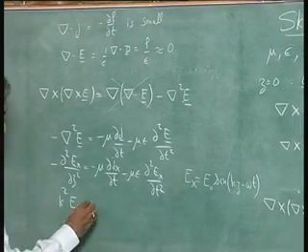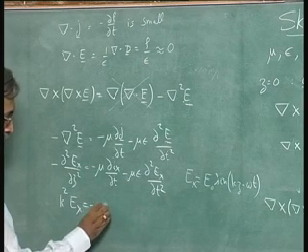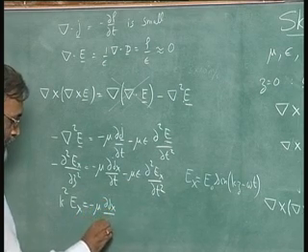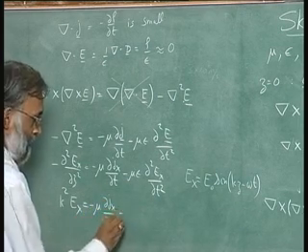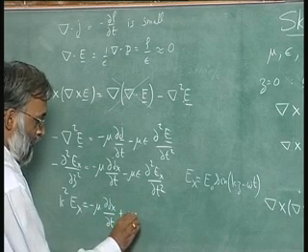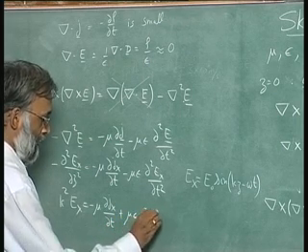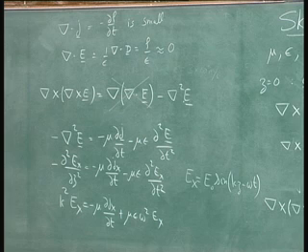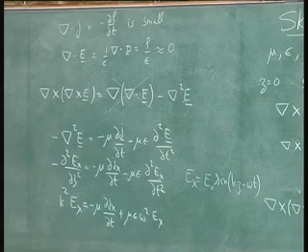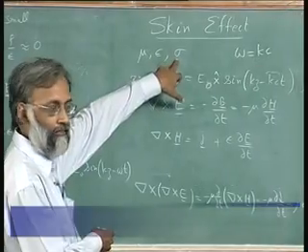is equal to minus mu del Jx del t plus mu epsilon omega squared Ex. But we have a new term here, Jx, and here I am going to use the presence of conductivity.